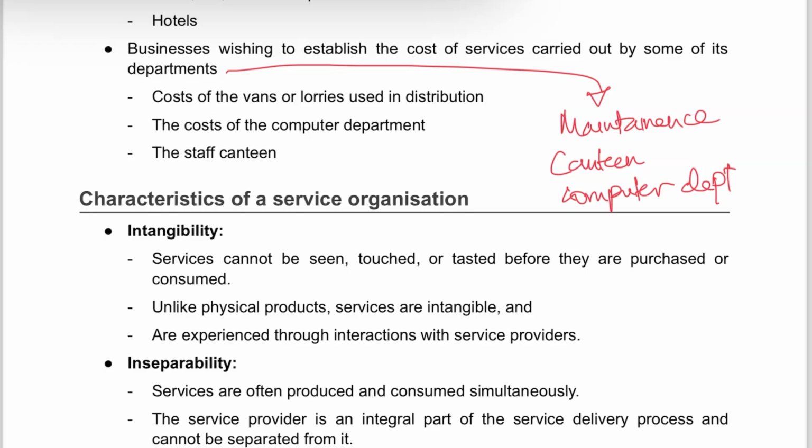So one is, you cannot physically touch or hold the service I offer you. Yes, maybe the tutorial note, if you have a printout of it or if you have it on your laptop or desktop, you might be able to touch it. But the service in itself is intangible.